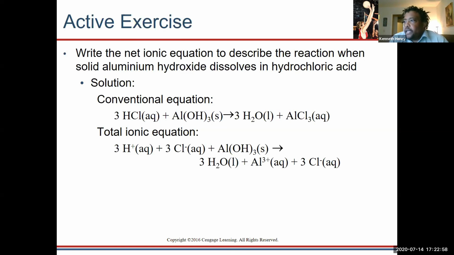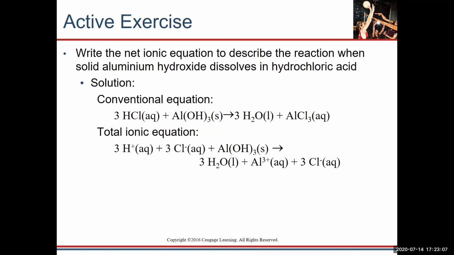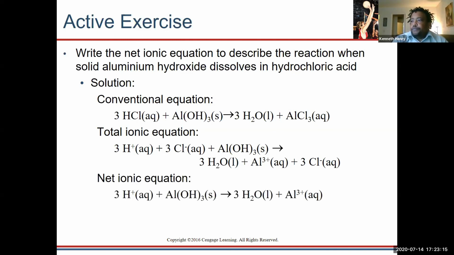Then our total ionic equation is when we separate everything. So are there spectators? Yes, 3 Cl aqueous. So then our net ionic equation is going to be just that. Piece of cake?